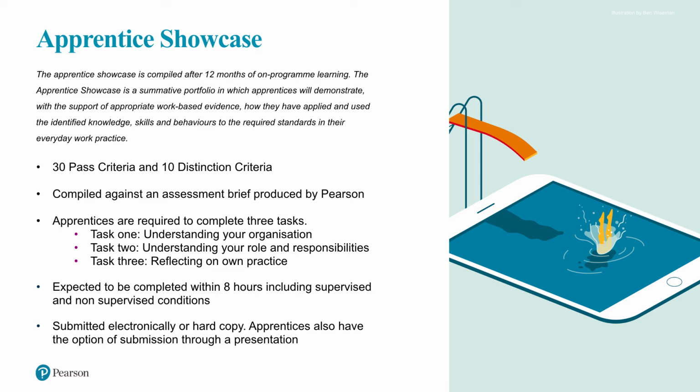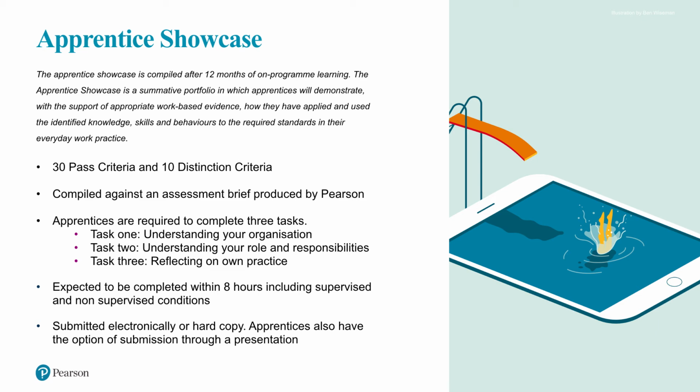To set the context, what the employer group actually wanted was for an apprentice to produce a portfolio on programme and lift that portfolio into endpoint assessment to be assessed by the endpoint assessor. That wasn't allowed, and the department would not approve recycling a portfolio. So what the employer group have created is an apprentice showcase, which is a reflective summary.